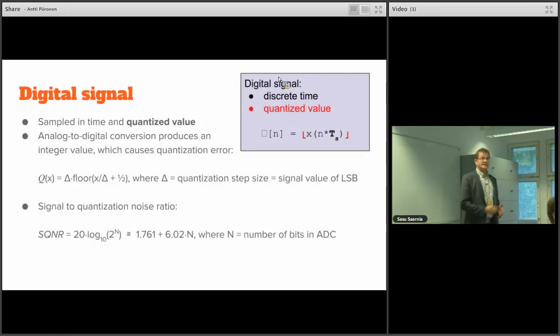Yeah, quantization. For the quantized value, which is what comes from the A to D converter, like the sound card of your computer, there's also the, okay, I see there's a bit of a problem with the symbol set of this computer compared to the computer where I made these slides.